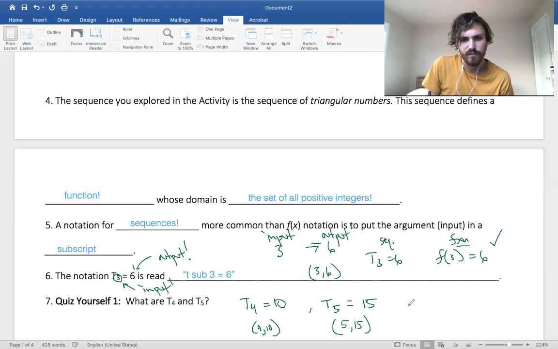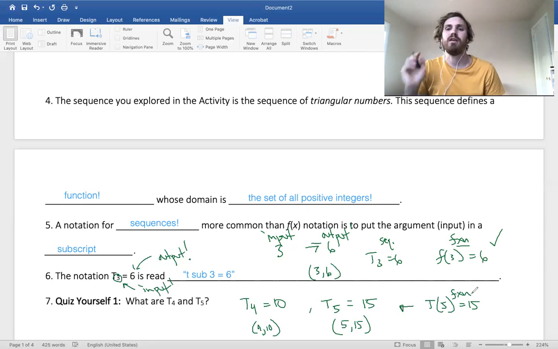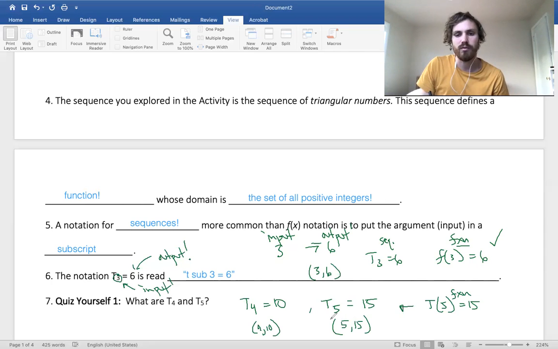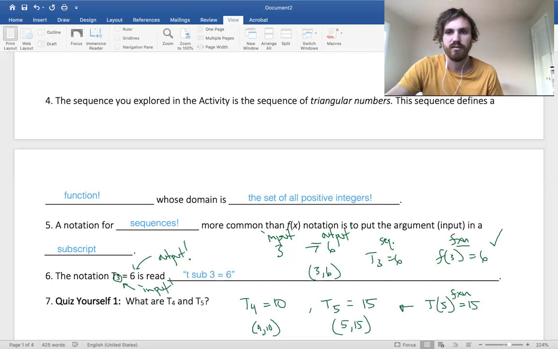The notation here is different, but really it means t of 5 equals 15. This would be function notation if it was a continuous function and we can plug anything in. But if we can only plug in positive integers, whole numbers, then we write it in sequence notation like this.